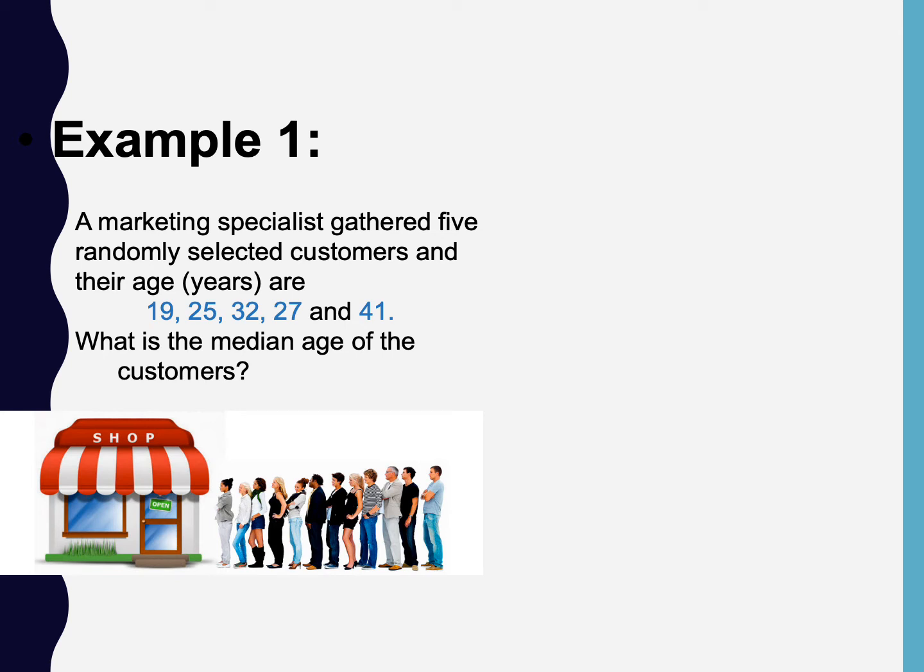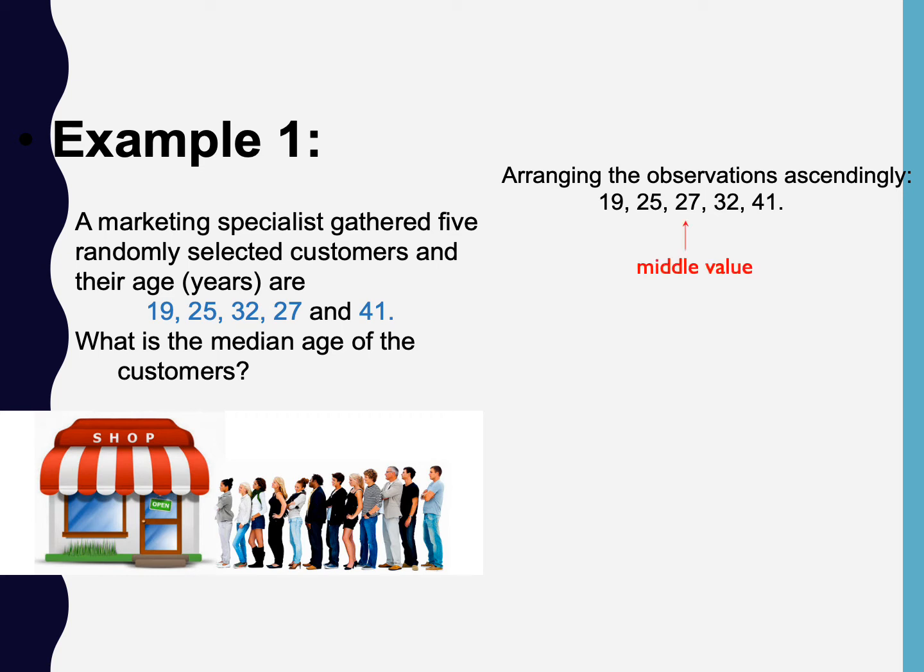Solving for the median requires arranging the observations either ascendingly or descendingly. In this case, it's easier to arrange the observations ascendingly. Selecting the middle value, which is 27, the median of the randomly selected customers is 27.